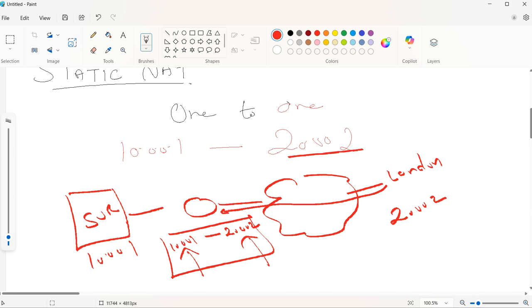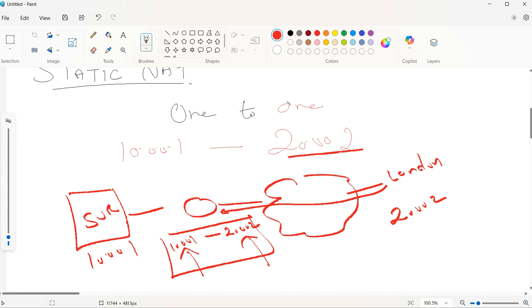Also, if anyone from outside sends traffic to this address, it will be translated to 10.0.0.1. This is what we call one-to-one mapping, or static NAT.